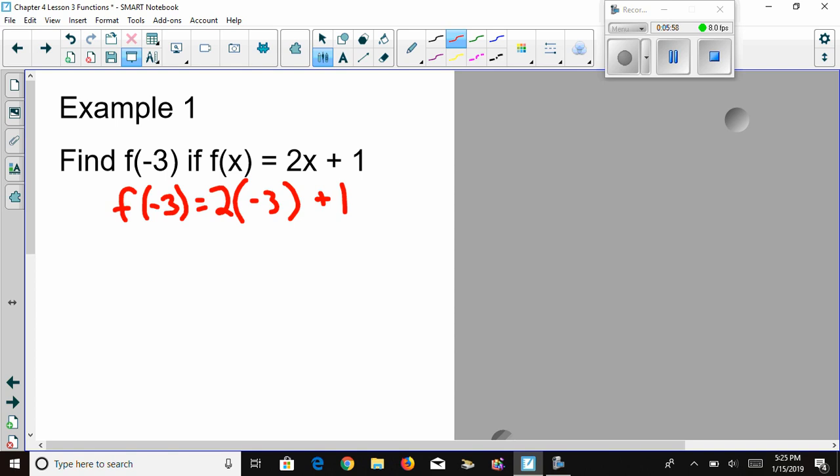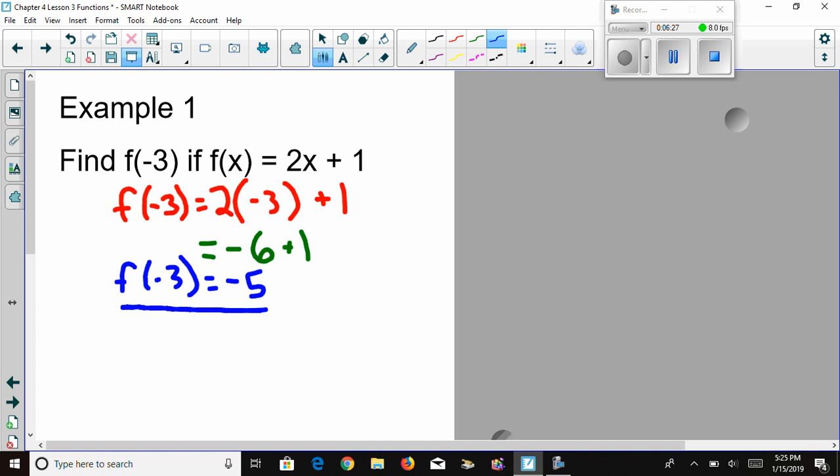Once you do that, we're actually going to simplify this down until I get a single number answer. Well, we know 2 times -3 is -6. I have my plus 1. And then for our final step, f of -3 equals -5.